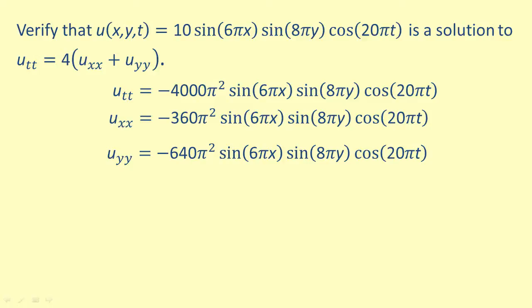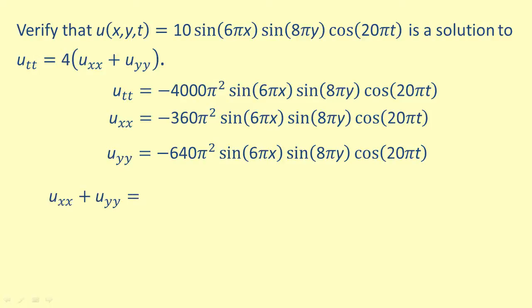Now that we have all of our second derivatives, let's substitute them into the equation and check that the equality holds. We know what u sub tt is, so we need to find 4 times the sum of u sub xx and u sub yy. Let's start by finding the sum.